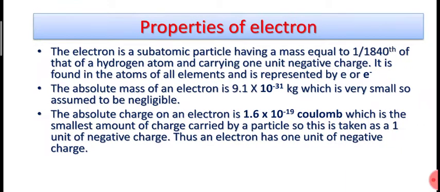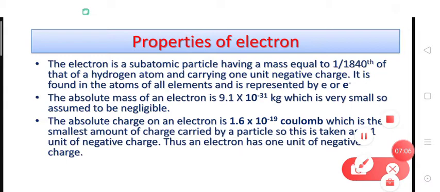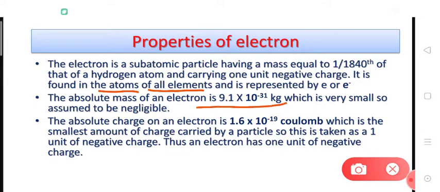So the electron is such a small particle and it has only 1 unit negative charge. Electrons are present in the atoms of all elements. The absolute mass of an electron is 9.1 × 10^-31 kilogram, which is very small, so it is assumed to be negligible.